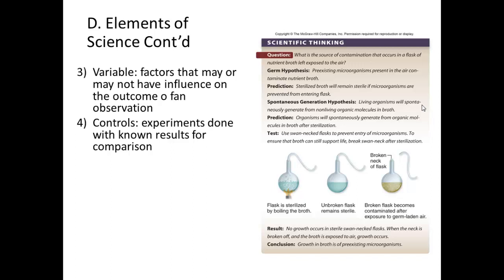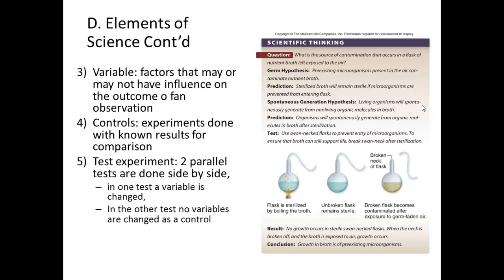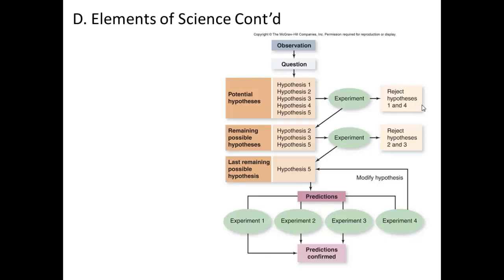And so we may have a positive or negative control, something where we know what is going to happen, a positive result, and something where we know there's going to be a negative result. And so all those are important for having a test experiment. And this is where we have two tests done side by side. In one test, the variable is changed, in the other, no variables are changed, and any of the difference between the two we can attribute to what we changed, that variable.